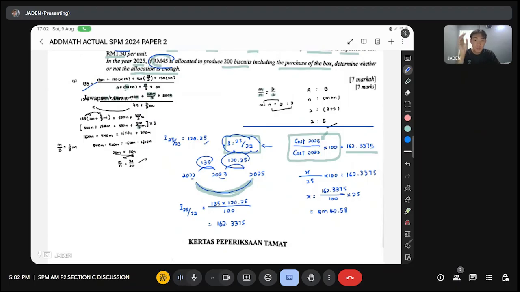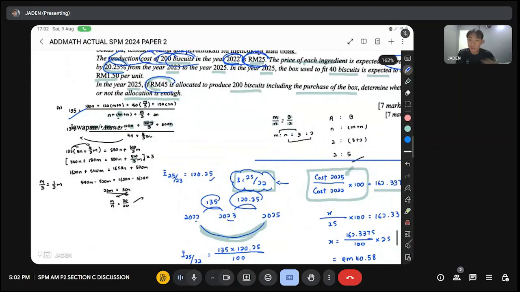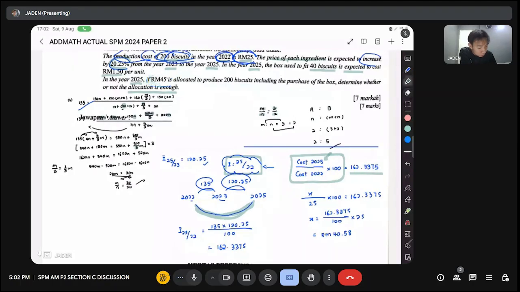So when it comes to year 2025, it will cost you 40 ringgit 58 cent to produce 200 biscuit. Now, if you understand the question, the last statement says 45 ringgit allocated to produce 200 biscuit, which we just found out we need 40 ringgit 58 cent to produce the 200 biscuit, including the purchase of the box.